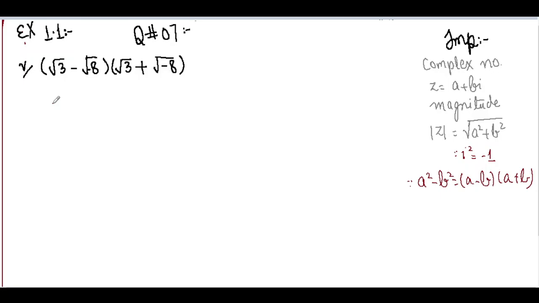Okay, now the last part of the last question of exercise 1.1, which is question number 7 part 5, is (under root 3 minus under root of minus 8) into (under root 3 plus under root of minus 8). Okay, we have to multiply these two. It is a minus b into a plus b, so we can write it as a square minus b square.